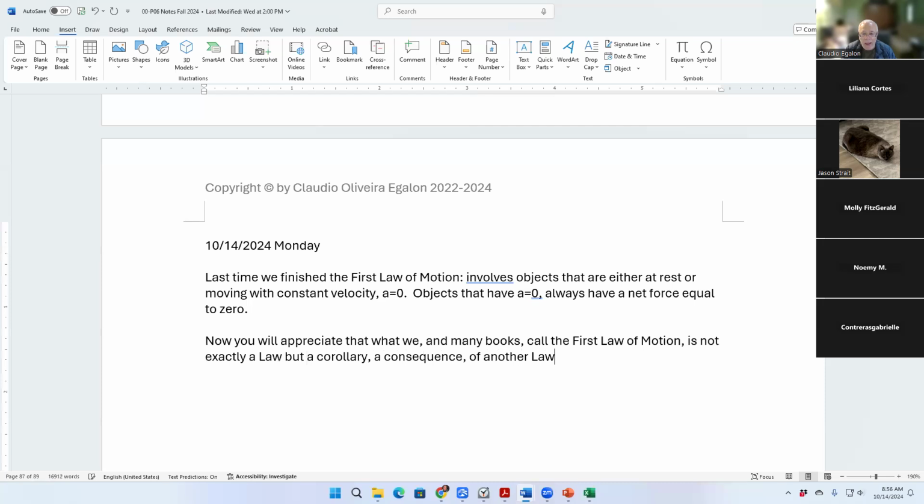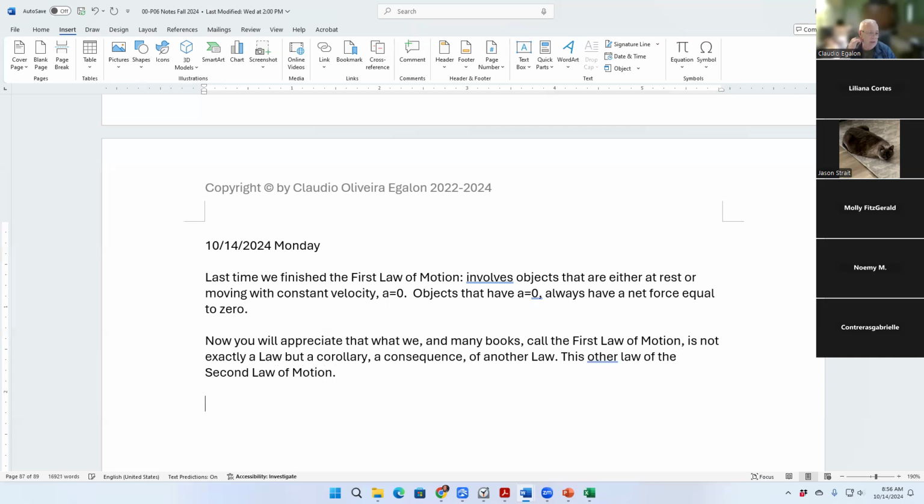And this other law is the second law of motion.